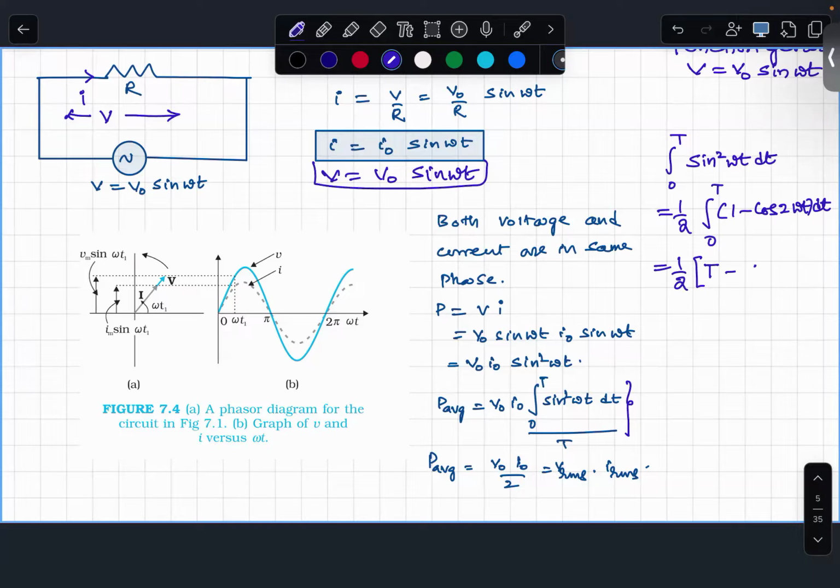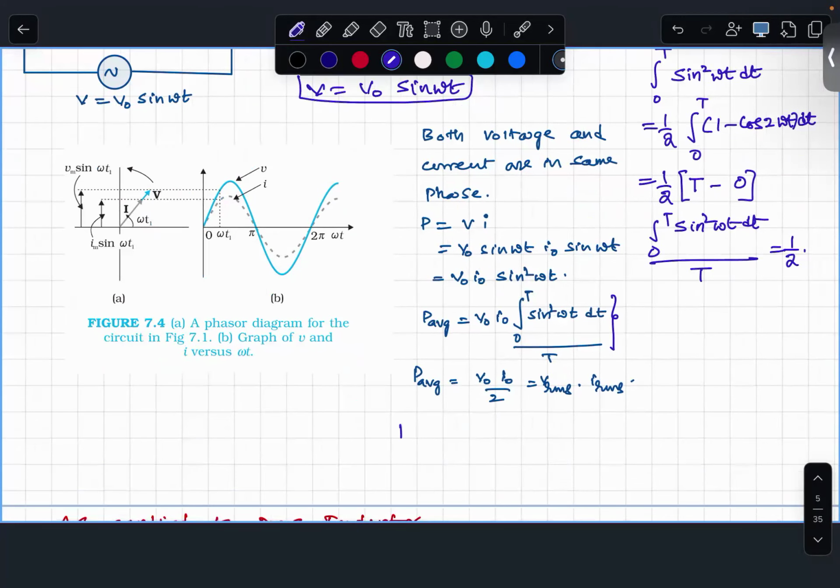The integral of cos 2 omega t over a full cycle is 0. So therefore, 0 to T, integral sin square omega t dt by T is 1 by 2.